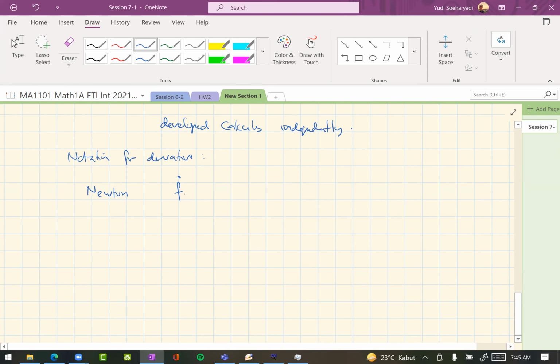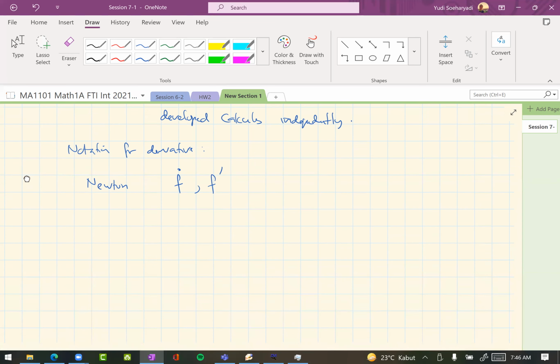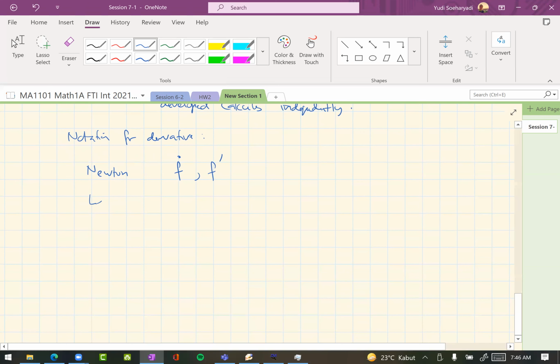So velocity is S dot, acceleration is S dot dot. While Leibniz used this one, dy over dx, of f, something like this.